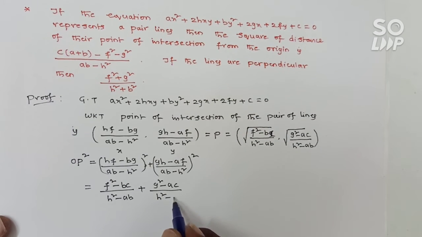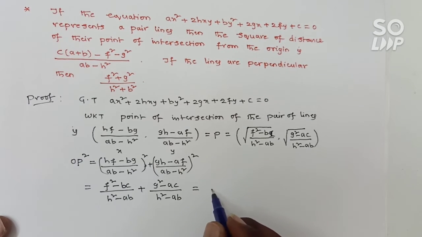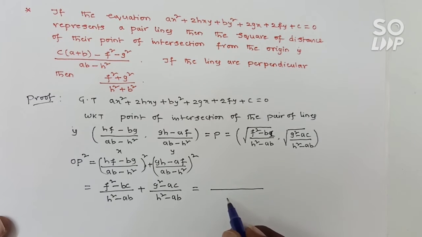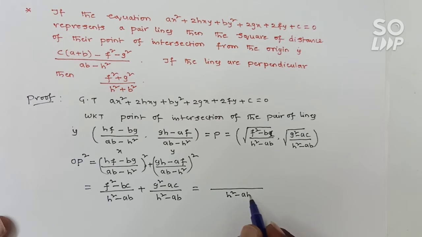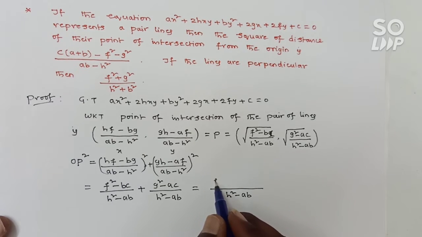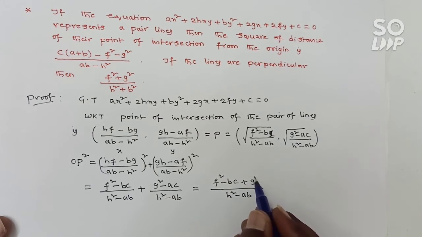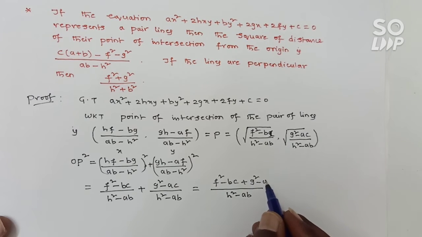Now you take the LCM. The denominator will be H square minus AB, and the numerator will be f square minus BC plus G square minus AC.